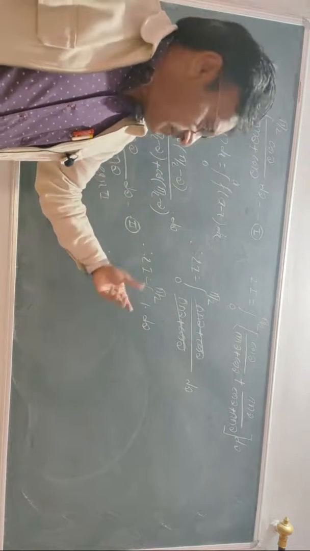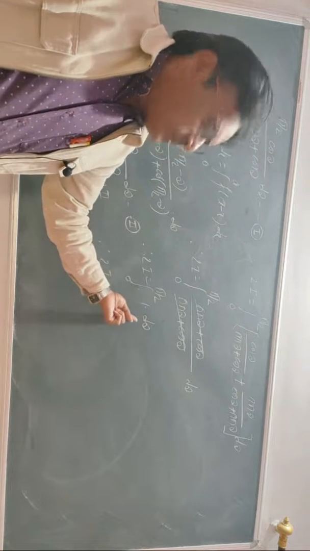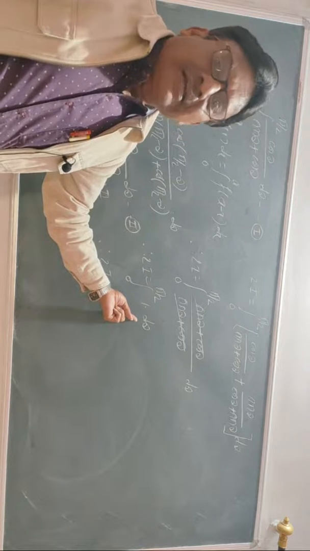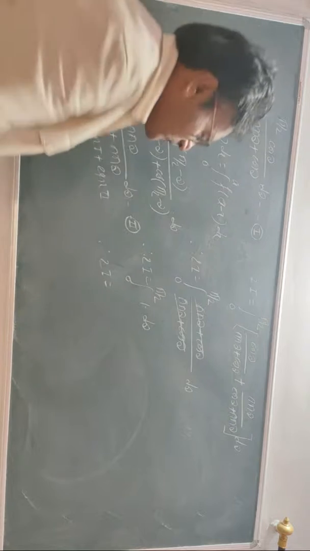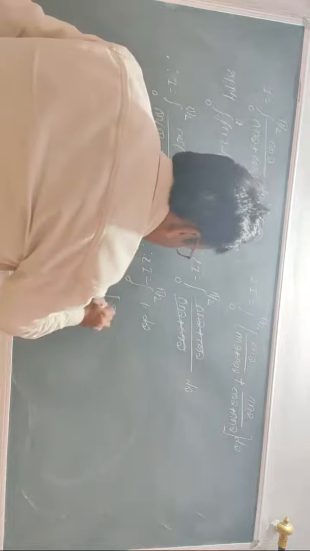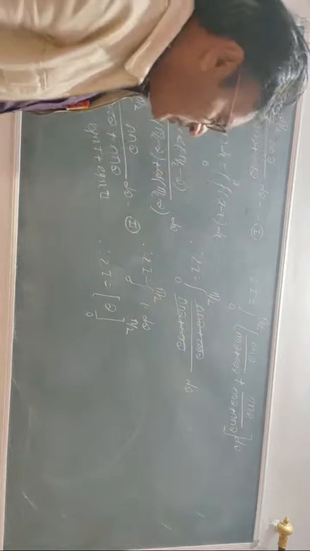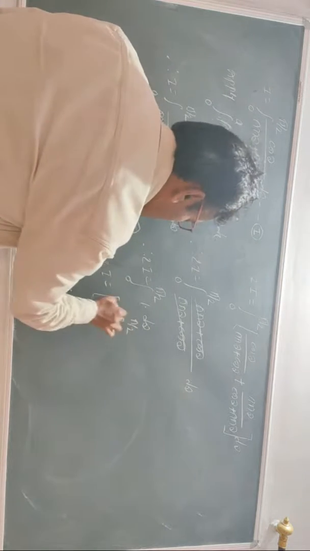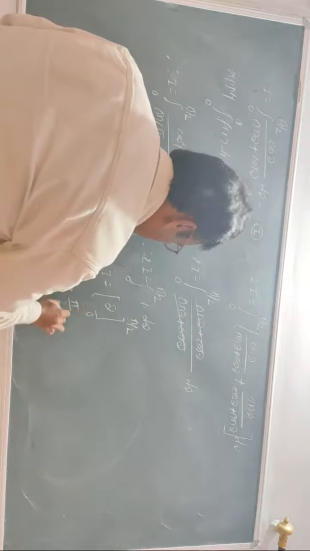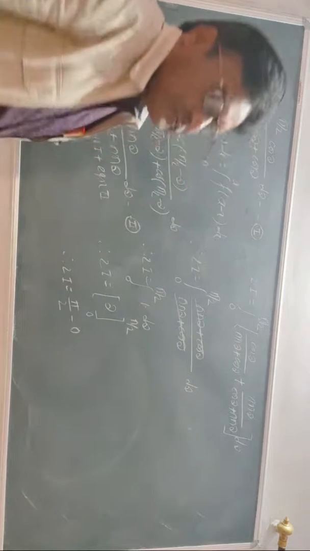And then first we evaluate the indefinite integration of 1 into d theta. Integrating with respect to theta, 1 is the derivative of the function theta. So we write theta within limits 0 to pi by 2. Therefore 2I is equal to, first we put the upper limit theta equal to pi by 2, minus the lower limit, that is 0.